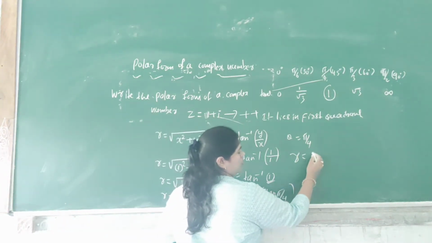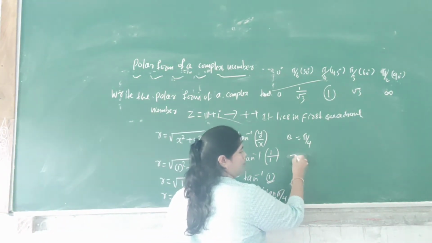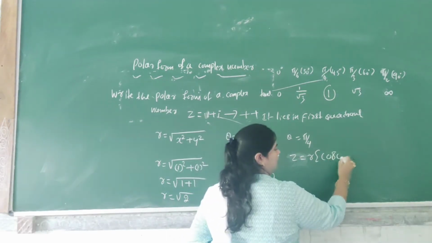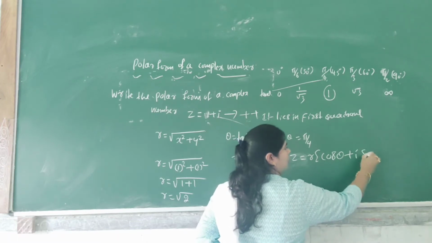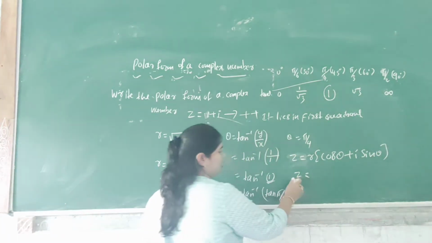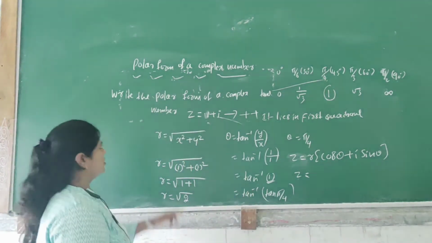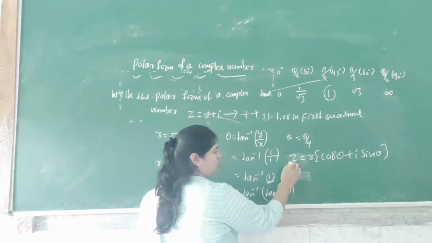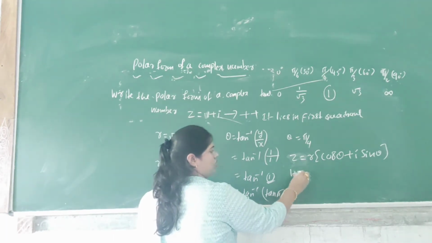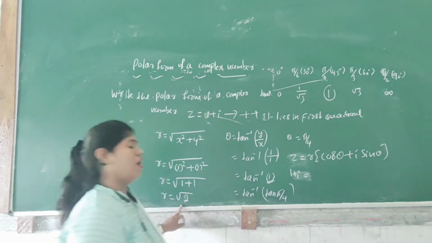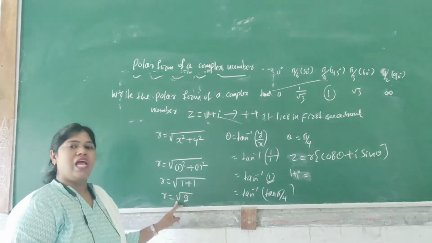z is equal to r of cos theta plus i sin theta. So z is this complex number, 1 plus i. What is the r value? We have got r as root 2.